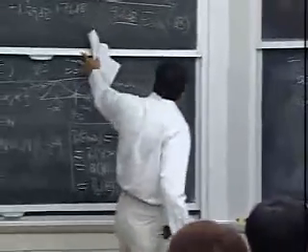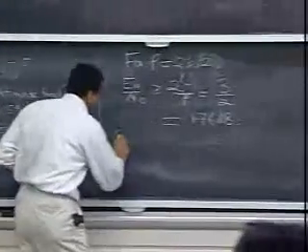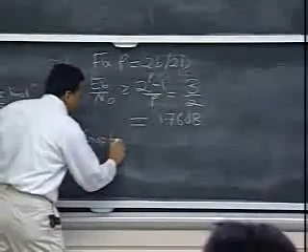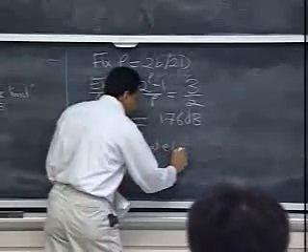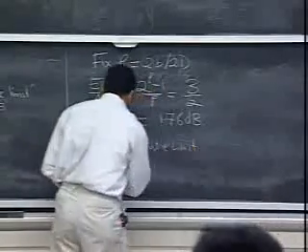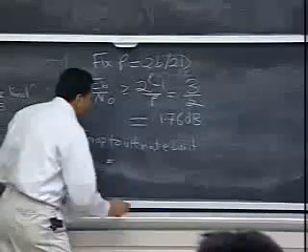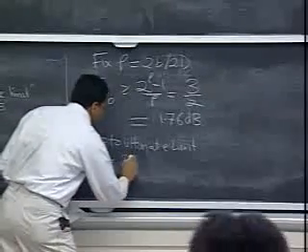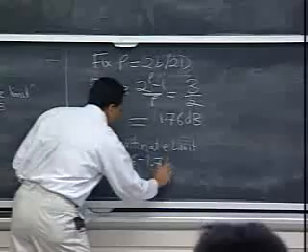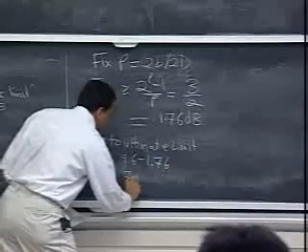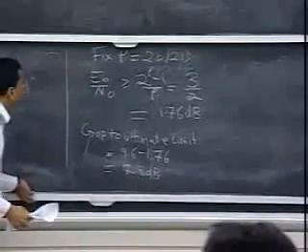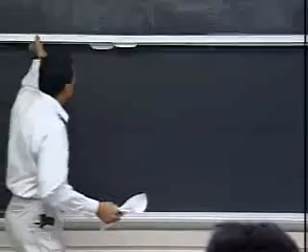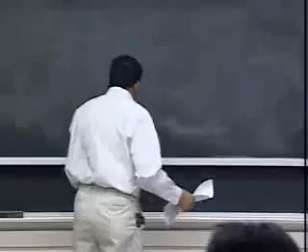So in this case, your gap to the ultimate limit is going to be 9.6 minus 1.76, which turns out to be 7.8 dB. Okay? So now let us do the bandwidth limited regime.